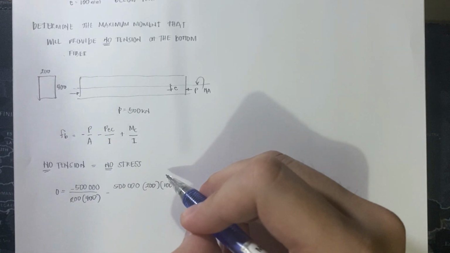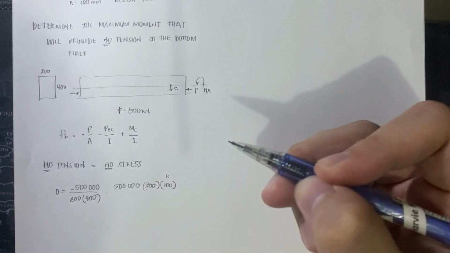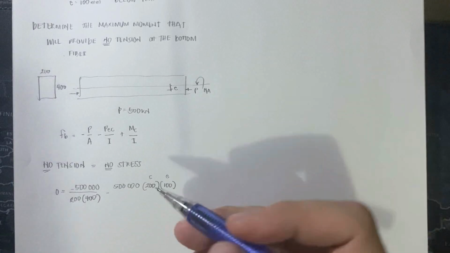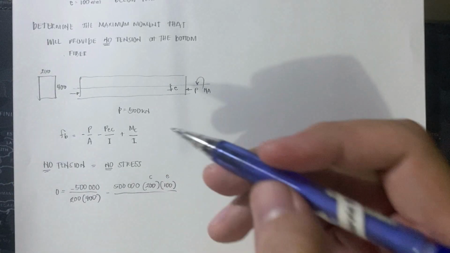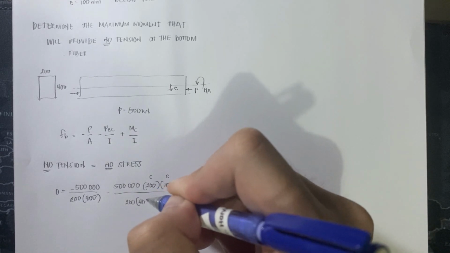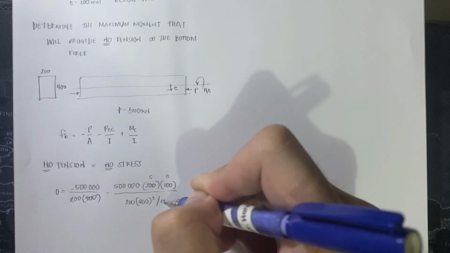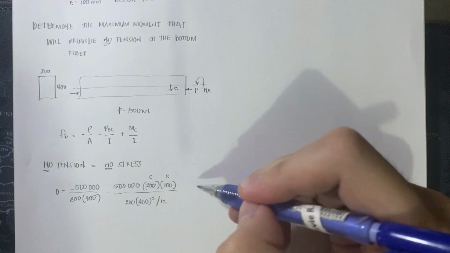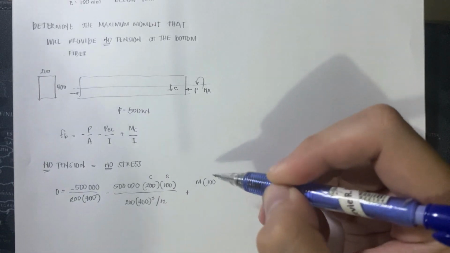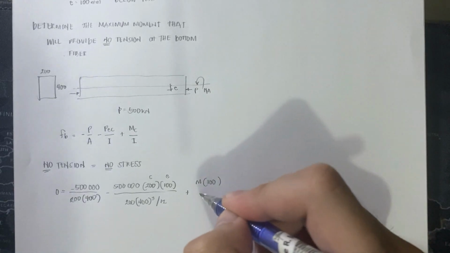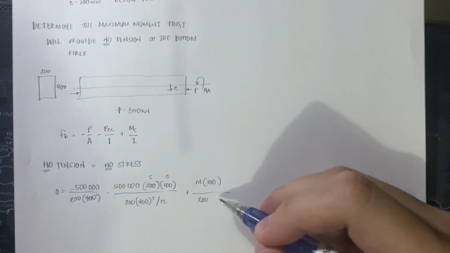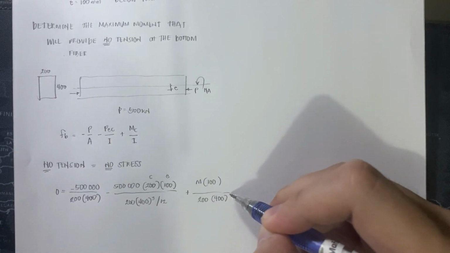So 100 for e, then our C is 200, divided by the moment of inertia of the cross-section of the beam, which is BH cubed over 12, so 200 times 400 cubed over 12, plus MC over I. So M multiplied by the distance C, 200, divided by, again, the moment of inertia, 200 times 400 cubed over 12.